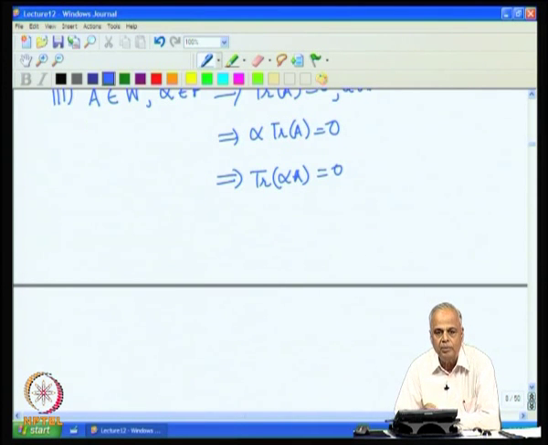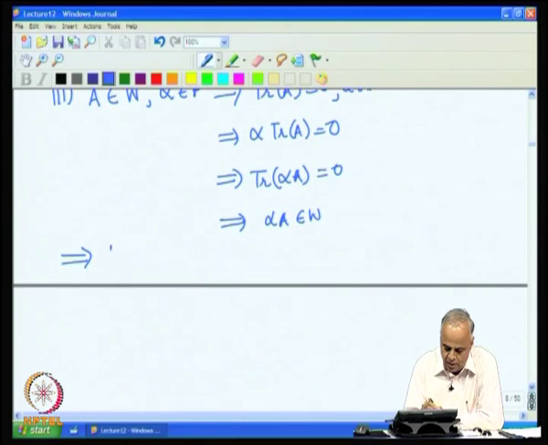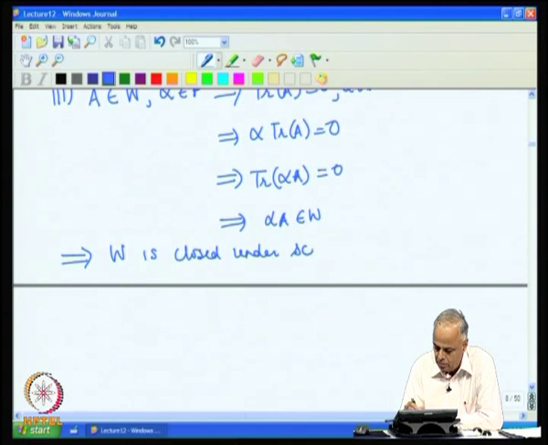So, alpha times A is a matrix, it has trace 0 and hence it qualifies to be in W. So, that says W is closed under scalar multiplication.